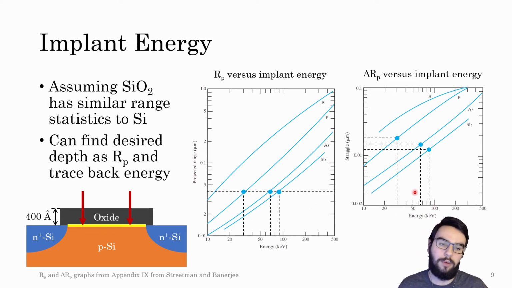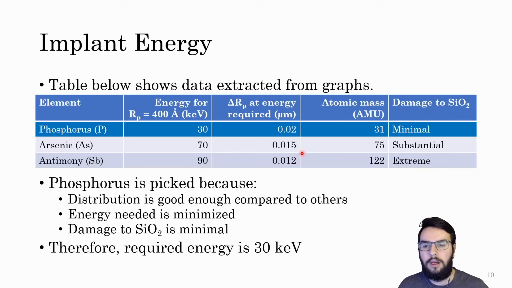Then from there, we can use those energies in turn to find the straggle of each one of these species. We also have to remember that we're assuming that silicon dioxide has similar range as silicon, because both of these tables or graphs are for silicon. So this leads us to find two things at once, basically two birds with one stone.